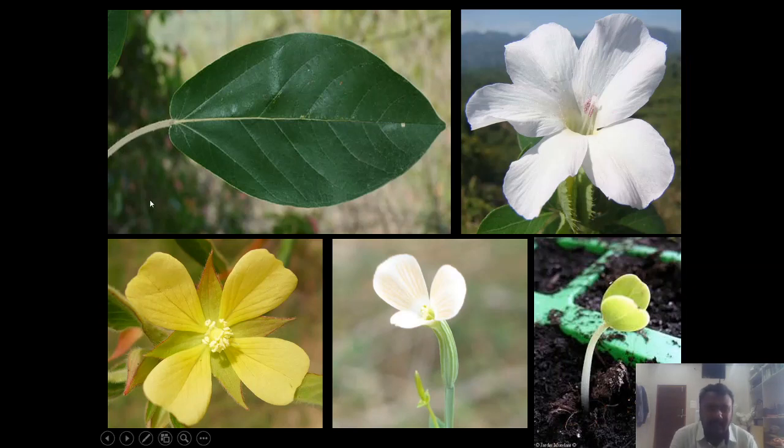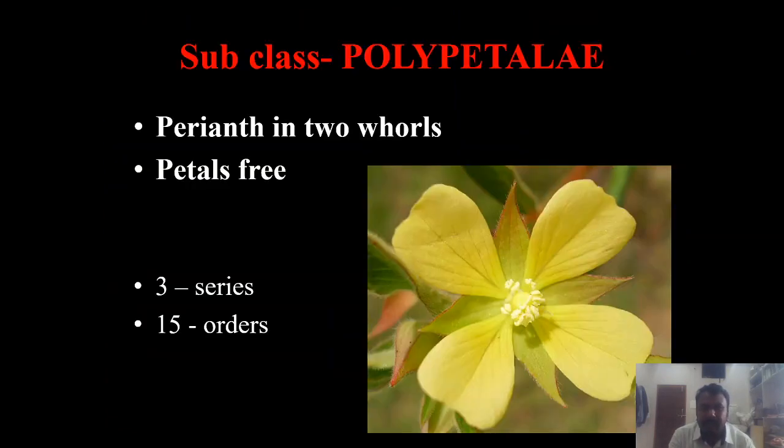Now you can see here reticulate venation, a pentamerous flower 1, 2, 3, 4, 5, a trimerous flower, rarely tetramerous here and rarely trimerous here. 2 cotyledon leaves are here. These are the major identification characters of the class Dicotyledonae.